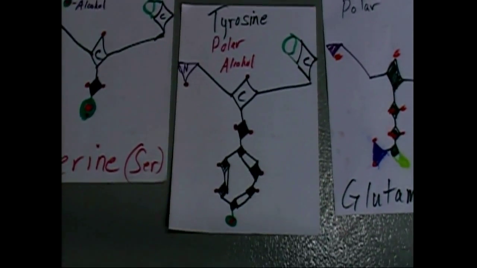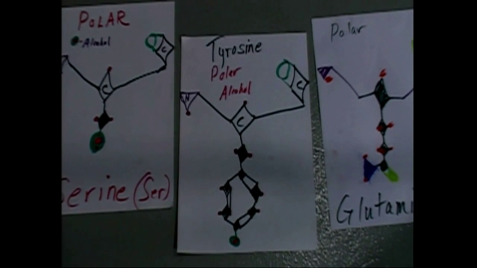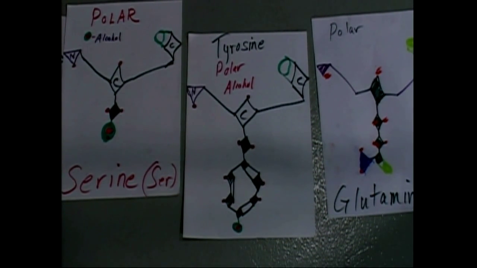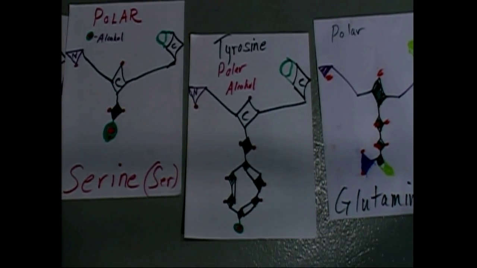Now tyrosine, see, we're not afraid of big rings anymore, are we? We can draw our carbon structures. We're not chicken. So there's a carbon, aromatic ring with the alcohol on the end of it. That, my friends, is tyrosine. There's another amino acid that has a ring with no alcohol on the end of it.